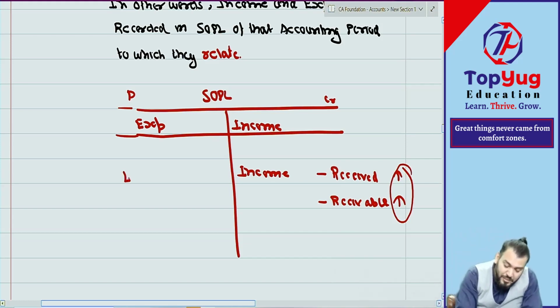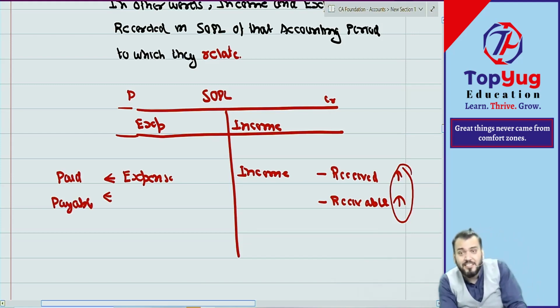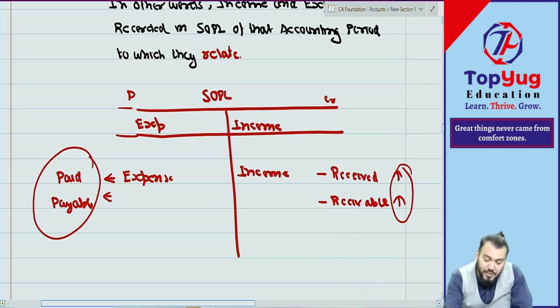Similarly, when I am saying expense, expense will be recorded whether paid or payable. If it is paid, it will decrease cash in the balance sheet. If payable, it will increase liability in the balance sheet. That is the second aspect of accounting.